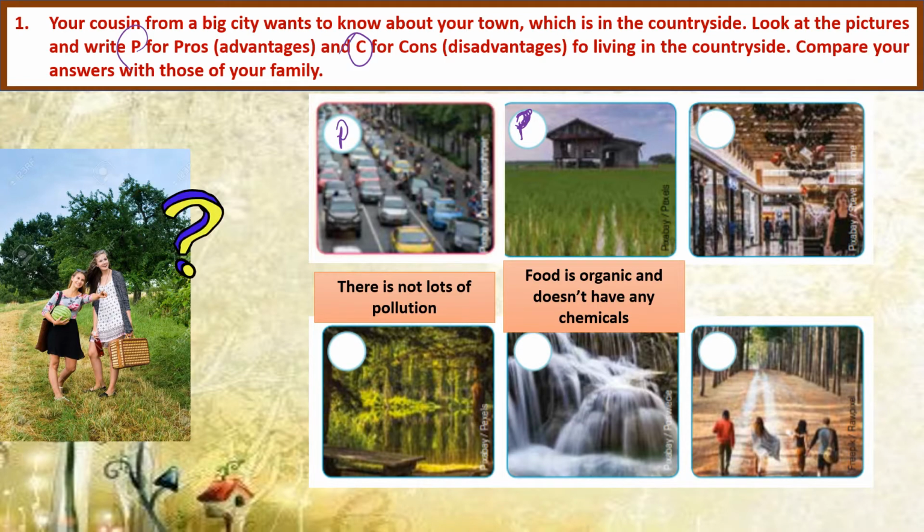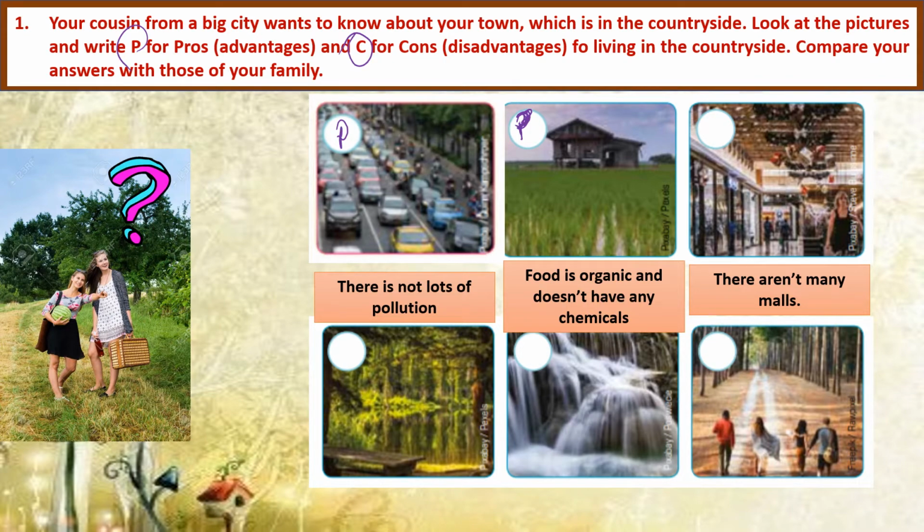You're going to decide. Next one, it says there aren't many malls in the countryside. So if there aren't many malls, that will be an advantage or disadvantage. You're going to decide. Next one, you can breathe fresh air in the countryside because of the forest.